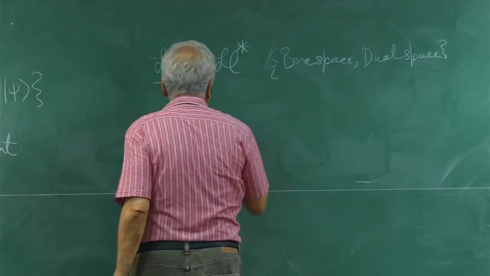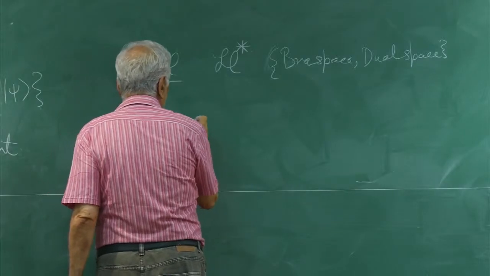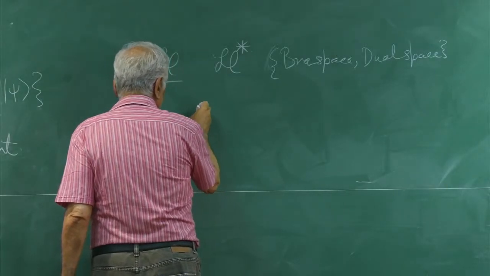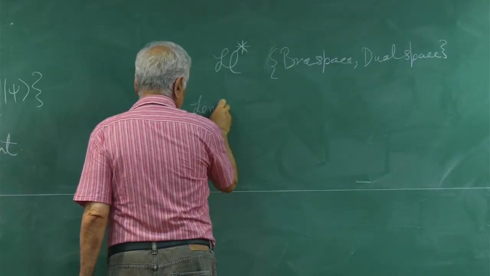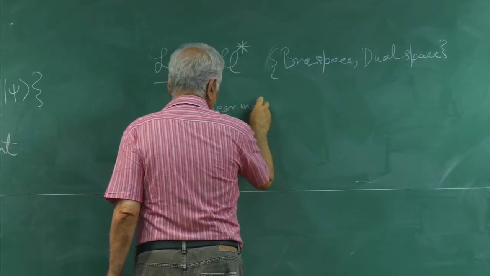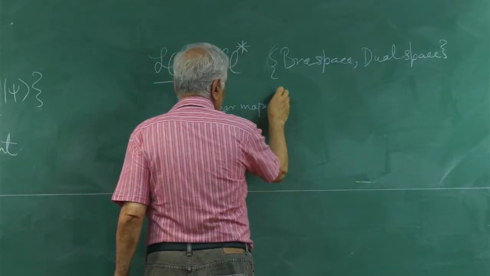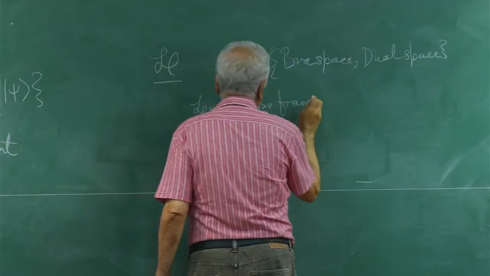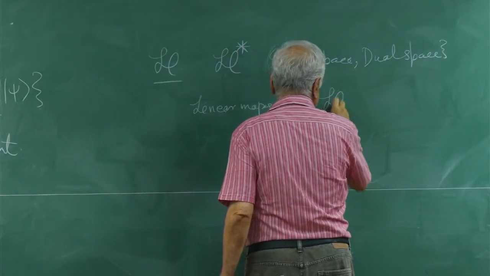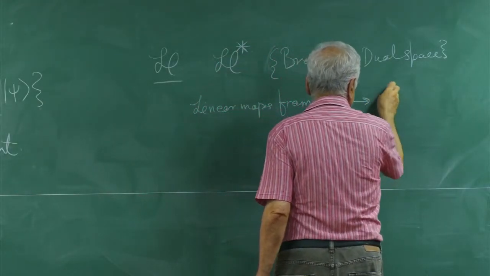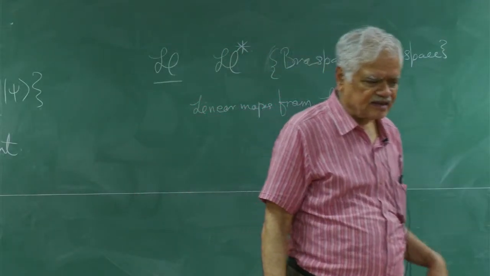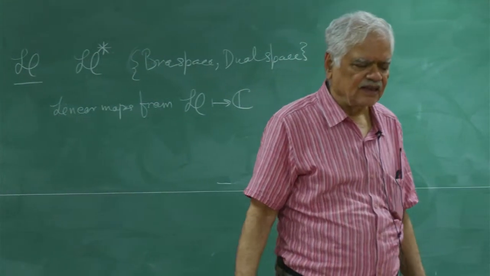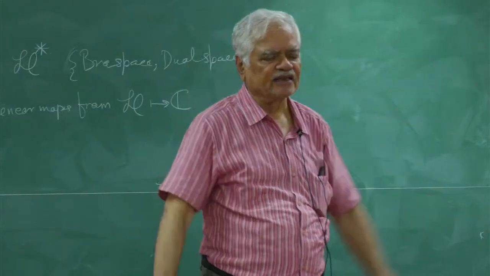How is it defined? This is a collection of all linear maps from H to C. Why C? Because the scalars are complex numbers. C is the collection of all complex numbers, the complex plane.